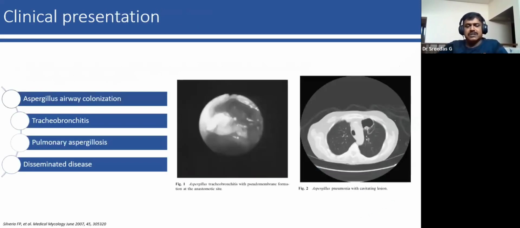Aspergillus is a ubiquitous fungus, present everywhere. Contamination of the upper airway and colonization are common. Once it becomes invasive, it can cause tracheobronchitis, progress to pulmonary aspergillosis, and ultimately disseminate.